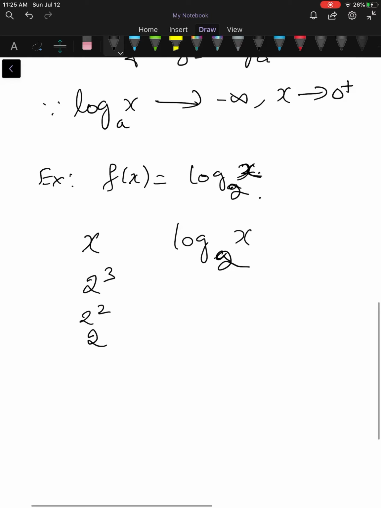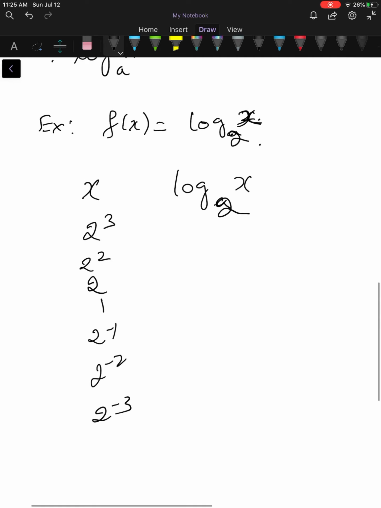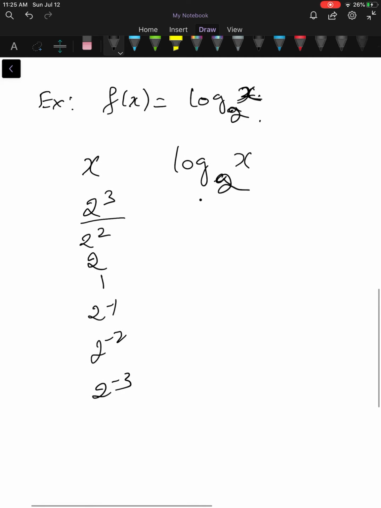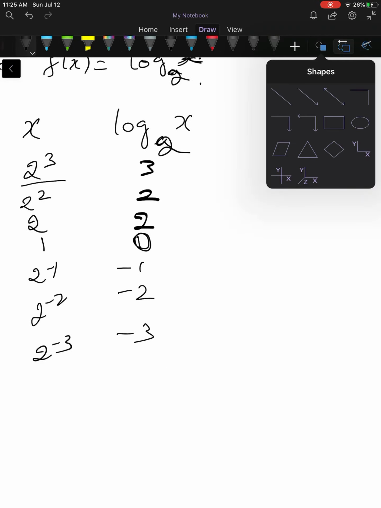So you take the input values to be 2 cubed, 2 squared, 2, 1, 2 inverse, 1 over 2 squared, or 2 to the power of negative 3. The corresponding values will be the exponents only: 3, 2, 1, 0, and then negative 1, negative 2 and negative 3.